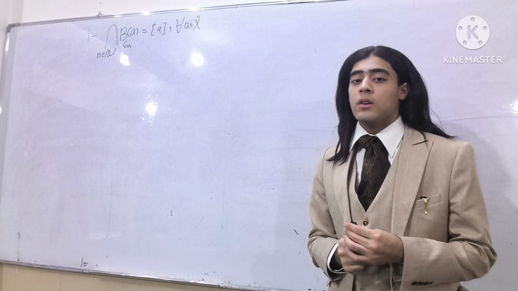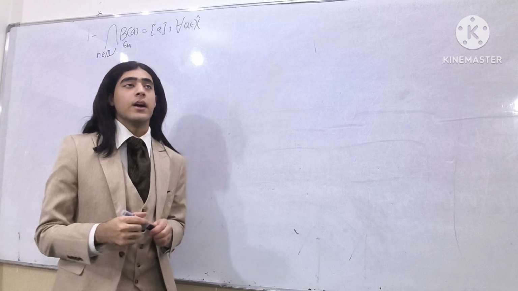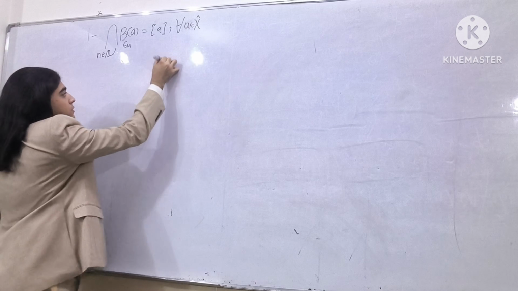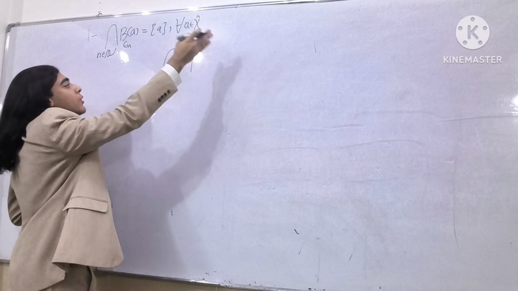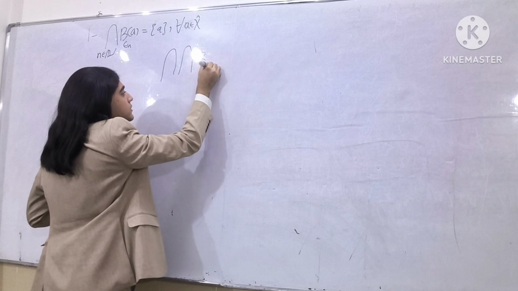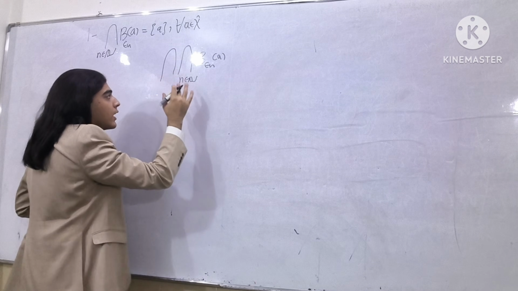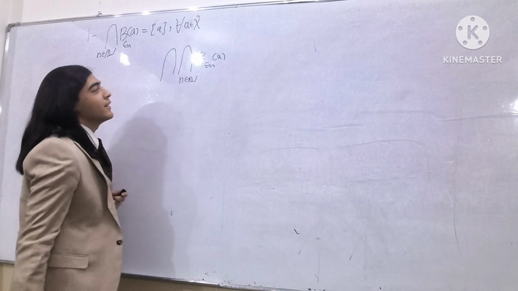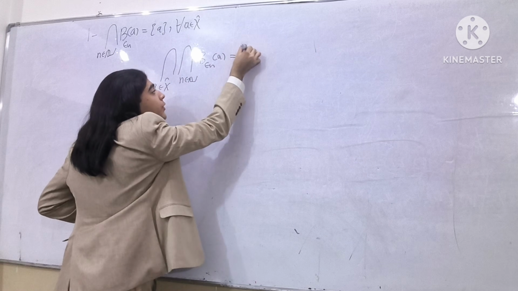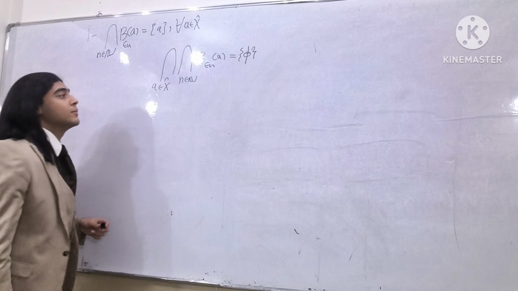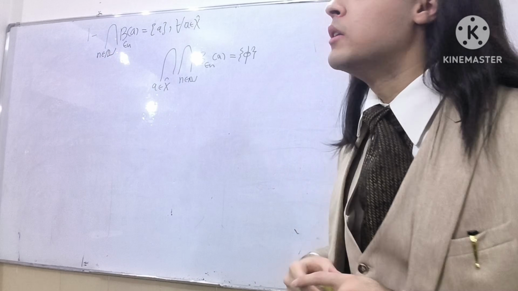Now I'm going to prove that the intersection over all elements A in X of these intersections of open balls is equal to the empty set. It is an interesting result to conclude.